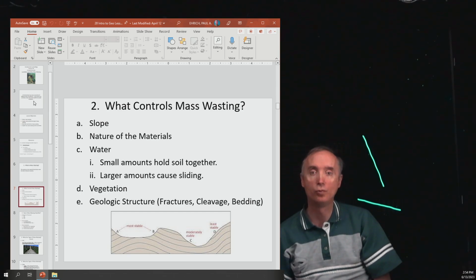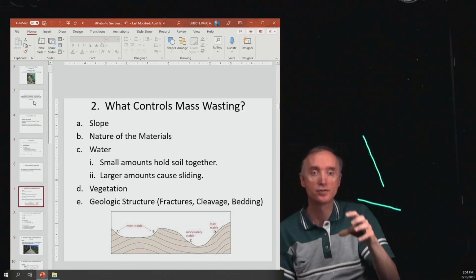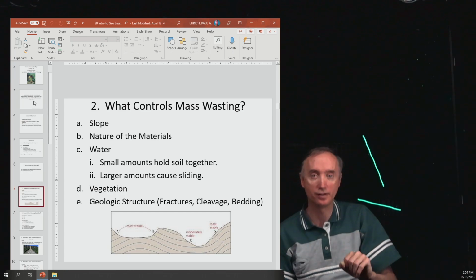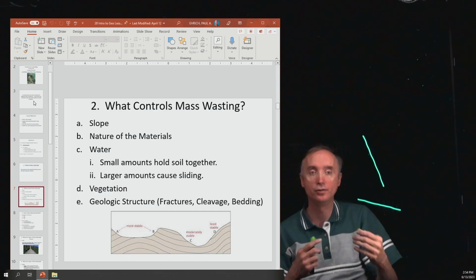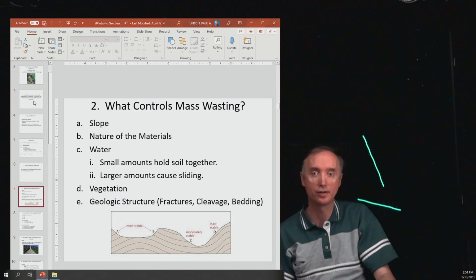So it depends on the nature of the materials that are going to be moving. The amount of water in it: small amounts of water in soil is a good thing because that water acts like a glue that helps to hold the soil together. So the soil is going to be less likely to move if it has small amounts of water, but if it has large amounts of water, it acts like a lubricant, and then it does slide easily.